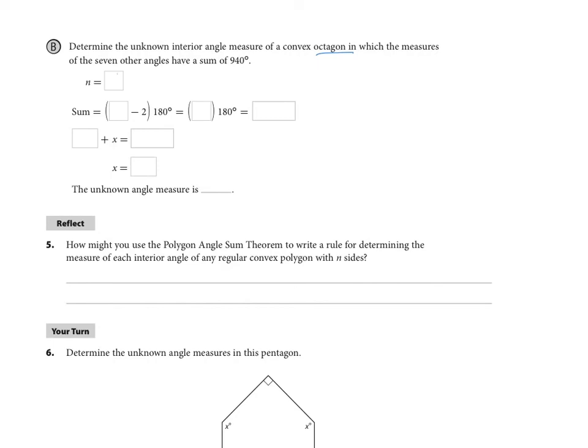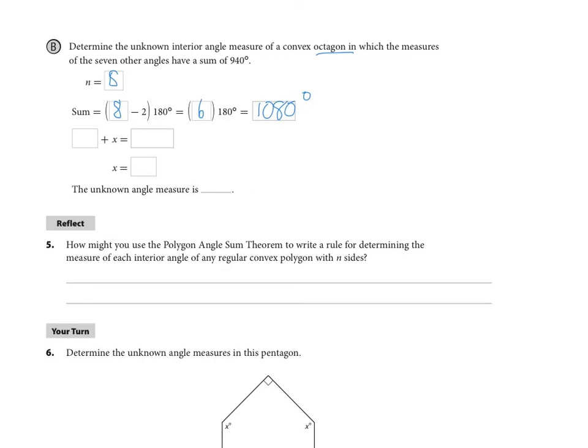First off, we know that the octagon means that we have 8 sides. And so if we want to find a value for the sum of all 8 of those angles using our polygon angle sum theorem, it's going to be 8 minus 2 times 180, or 6 times 180, or 1,080 degrees.